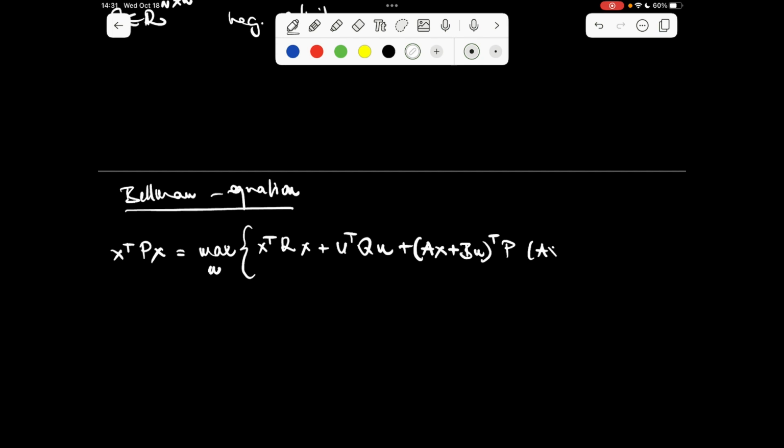We are just using the linear equation describing the dynamics of the endogenous state.